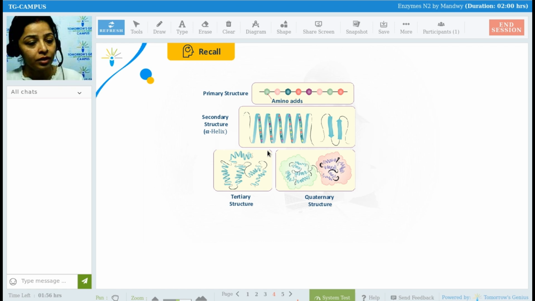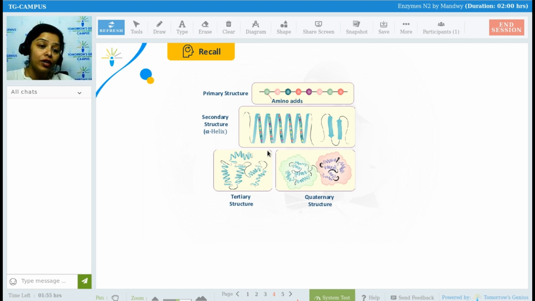Protein, hydrogen, carbon, phosphorus. So these are the inorganic molecules, the ions. Apart from that, the biomolecules are macromolecules and micromolecules, right?